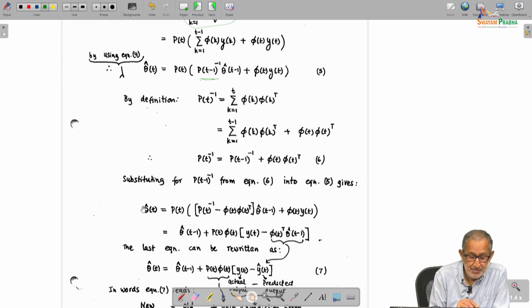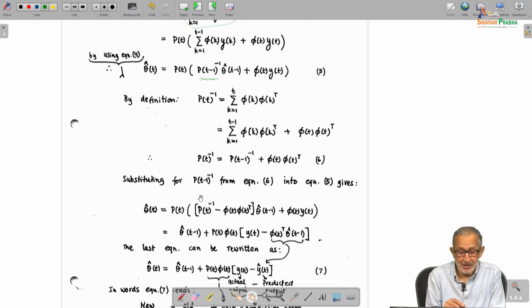So the estimate at time t is P_t bracket P_t inverse minus phi phi transpose bracket close times theta hat t minus 1 plus phi times y of t. When you multiply through P_t times its inverse times theta hat t minus 1, we get this expression, and then this times this phi transpose as shown here, phi transpose theta hat t minus 1.